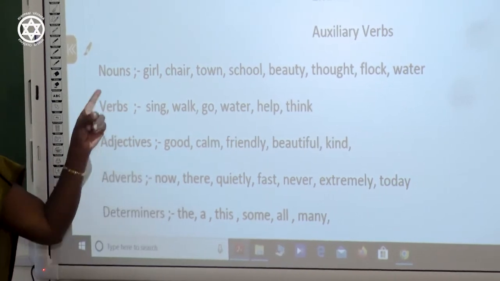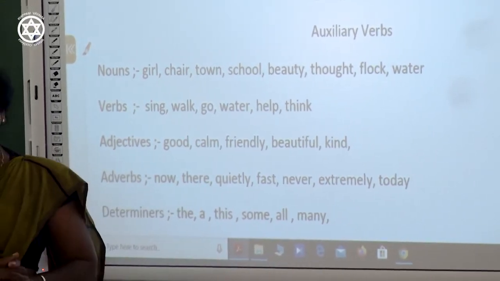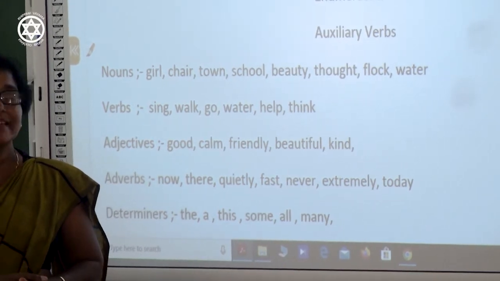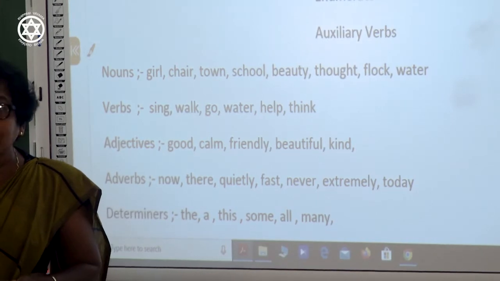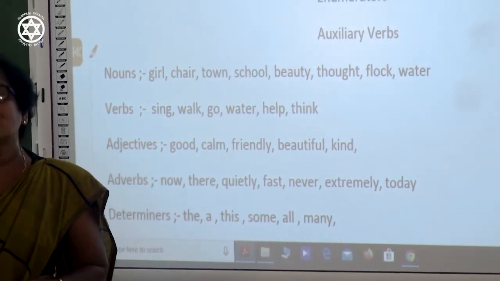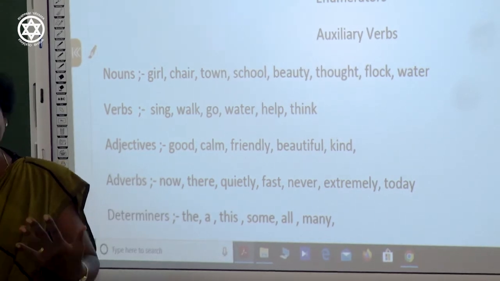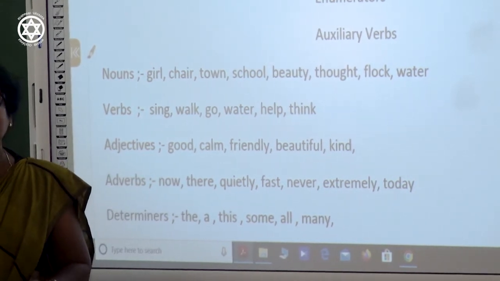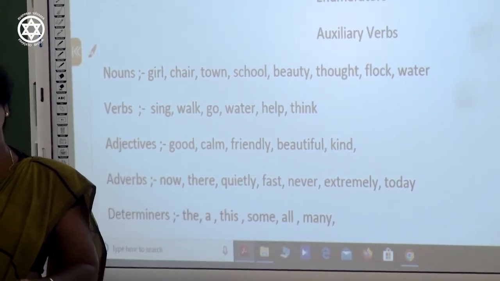All these words we call nouns. But we cannot call any word in isolation a noun. We have to look at how the word functions in a sentence to name the word class. Whether it's a noun or a verb, we can decide only by the way it functions in a sentence.